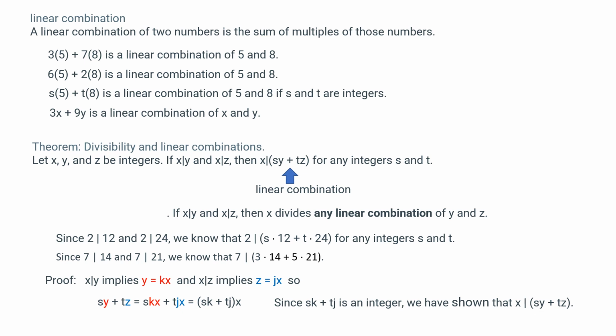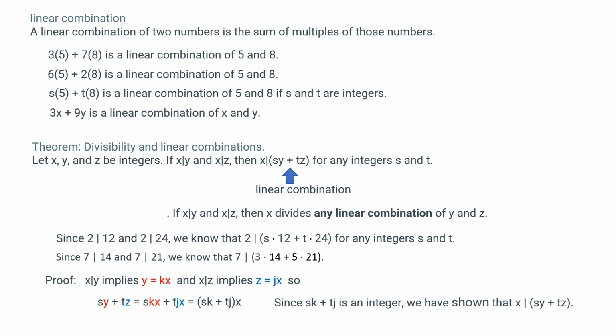Okay, so let me go over that proof one more time, just in case you missed it. Remember that we've got this first line of the proof. Those are some assumptions that imply these different things, the red equation and the blue equation. Then we start with this linear combination, and we're trying to see if we can write that as a multiple of x. If we can, then that means that x divides this.